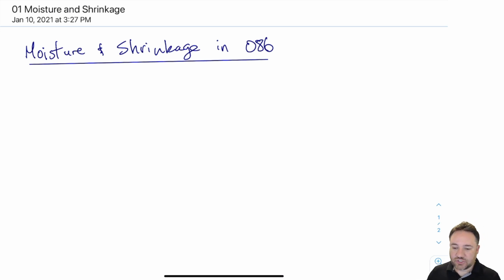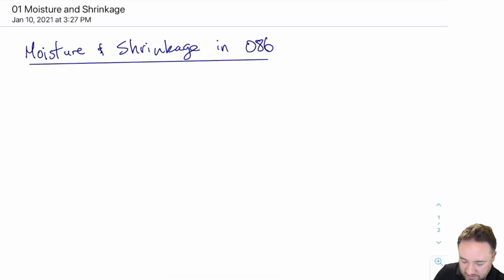So how do we calculate shrinkage in O86? Well, it's not a part of the main standard, but there is a section in the appendix to the standard, which is published with the standard, that gives a recommendation for a way that you can calculate wood shrinkage, and that is in Appendix A 5.4.6.